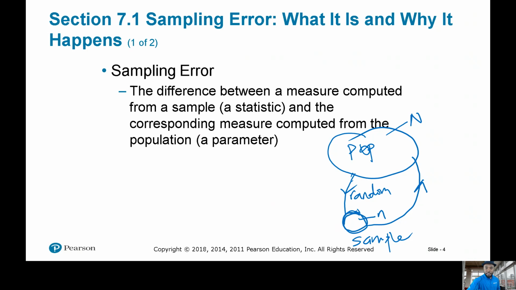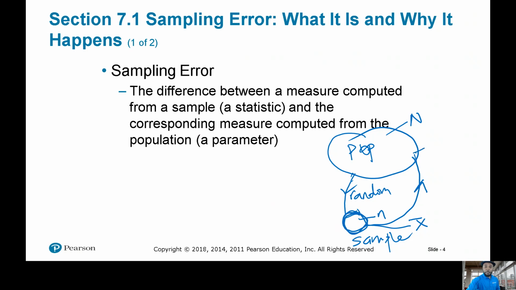So we would use the sample to estimate what our population parameters would be. Our sample statistic is X bar. And the question is, is our sample a true representation of our population?